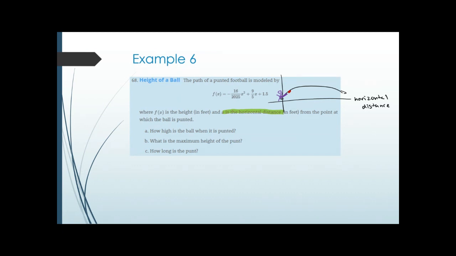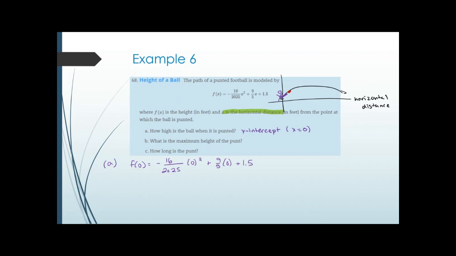First question, how high is the ball when it is punted? That is the y-intercept. And that is where your x is equal to 0. So I'm going to do part A over here. So f of 0 is -16/2025 times 0 squared plus 9/5 times 0 plus 1.5.